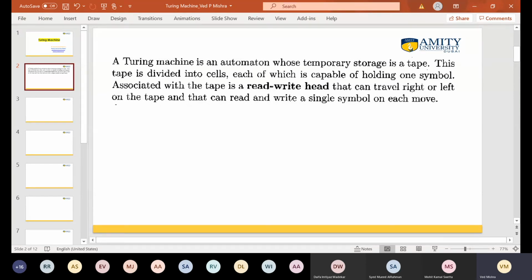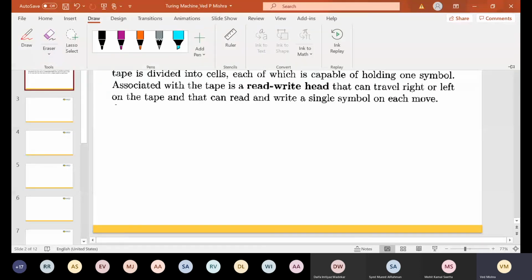Okay, with the Turing machine, we take the input, output, and we read one symbol at a time, and there will be a tape with a read-write head. Now what happens in this, I will just explain with one model. You will understand better with the Turing machine model.